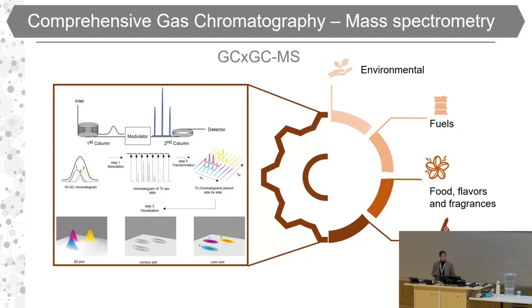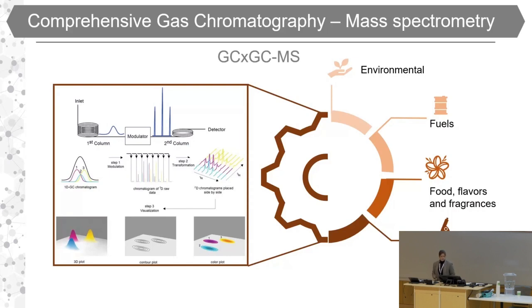When coupled to high-resolution mass spectrometry, it provides improved chromatographic resolution, increased peak capacity, and enhanced sensitivity, enabling more reliable feature detection and annotation.